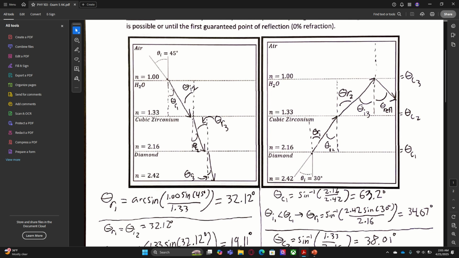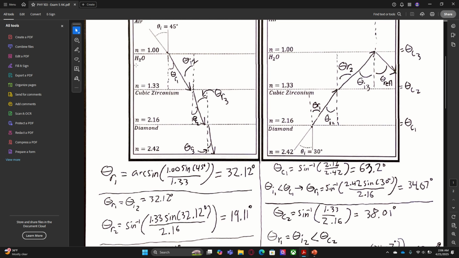This ray of light is now approaching a cubic zirconium layer while traveling through water. So now the incident angle here, theta I2, is just the same value as theta R1 based off of trigonometry. Water has a lower refractive index than cubic zirconium, so it's possible to refract into the next layer without us doing any additional check.